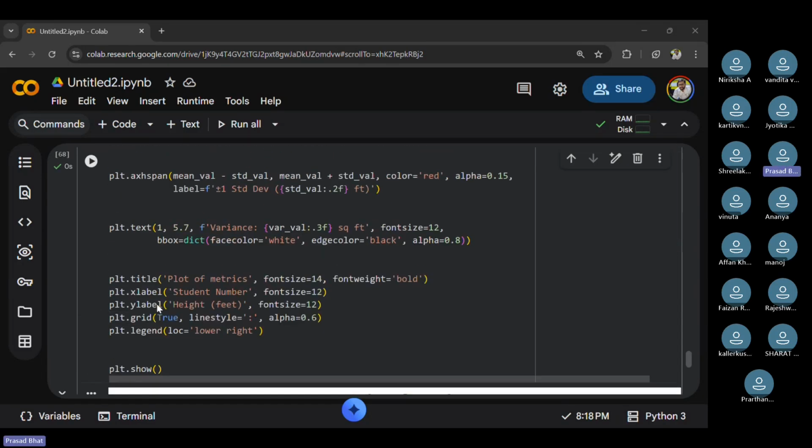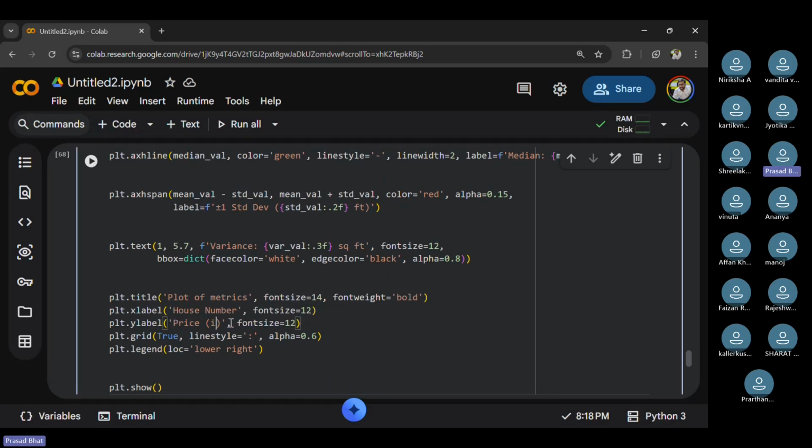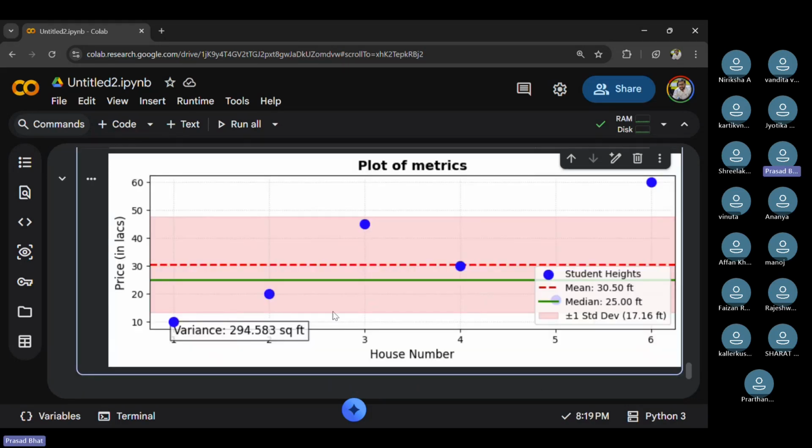The dotted line represents the mean value, and the solid line represents the median. Blue dots represent the houses and their corresponding prices. The fourth house has a price of roughly 30 lakhs, right? And this band that you can see is the standard deviation. However, these two are outliers which lie outside the standard deviation. It's a normalized calculation, right?